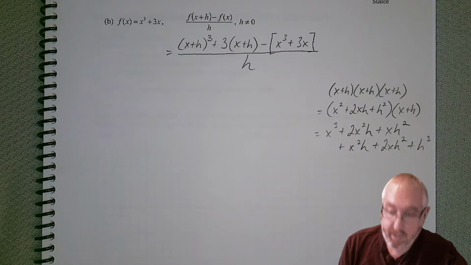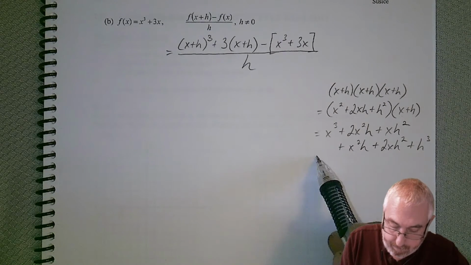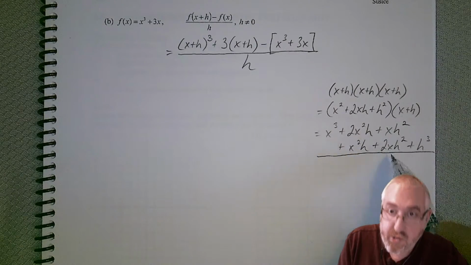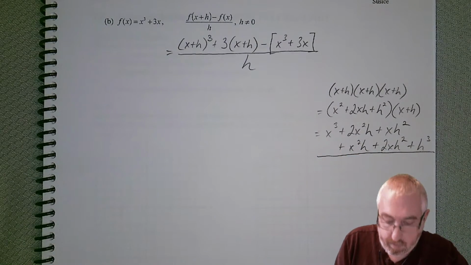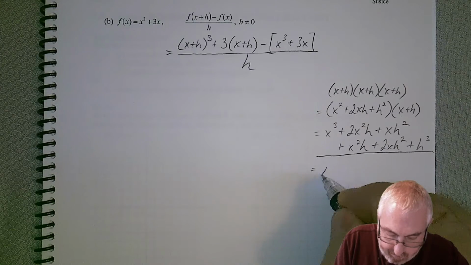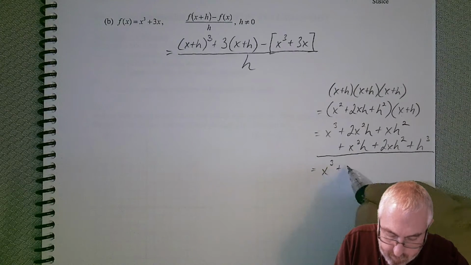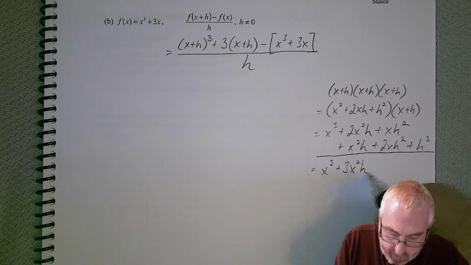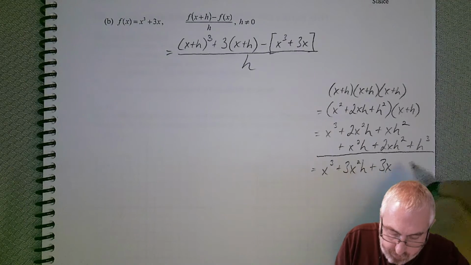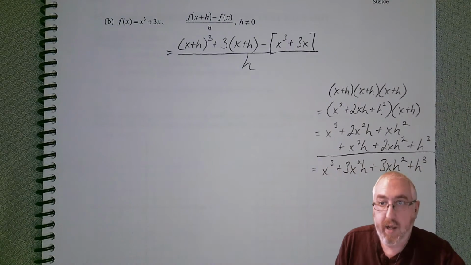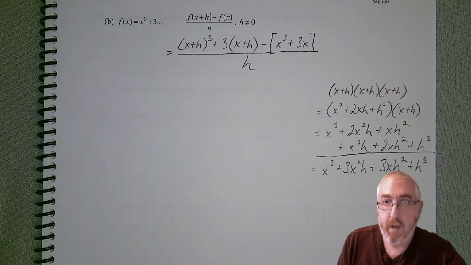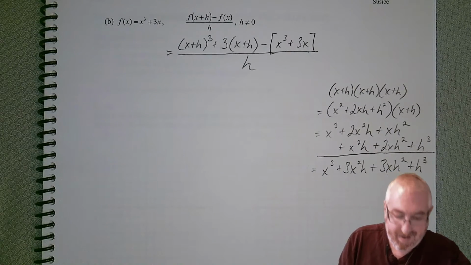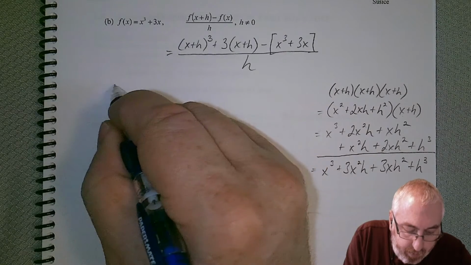And now we combine like terms. And you can see I kind of lined it up purposefully because these two in the middle will be like terms. So that's going to end up giving you x cubed plus 3x squared h plus 3xh squared plus h cubed. All right, so let me shift this over a little bit.